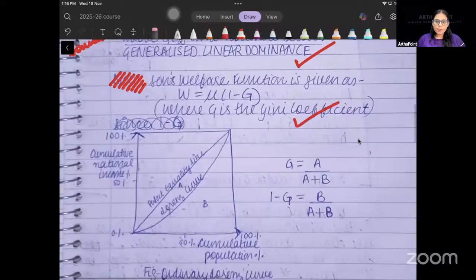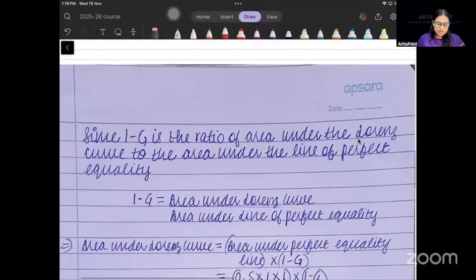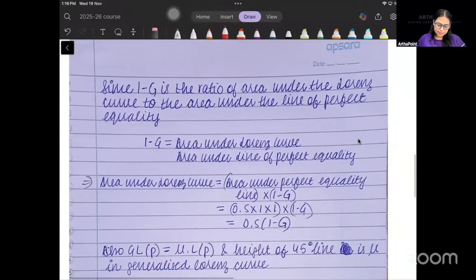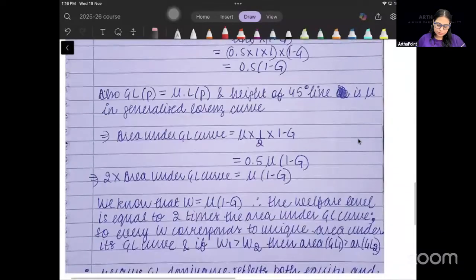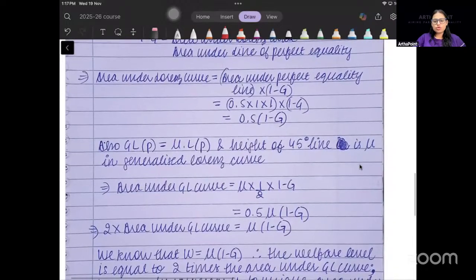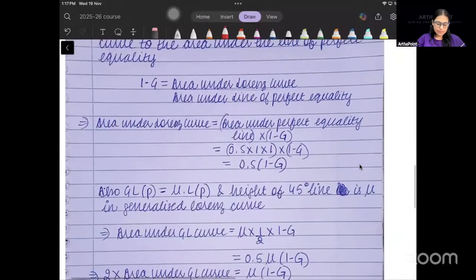Correct. So G is equal to A upon A plus B, and 1 minus G will be B upon A plus B. Since 1 minus G is the ratio of area under the Lorentz curve to the area under the line of perfect equality. So here I want to highlight something.